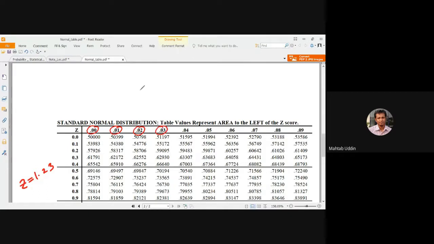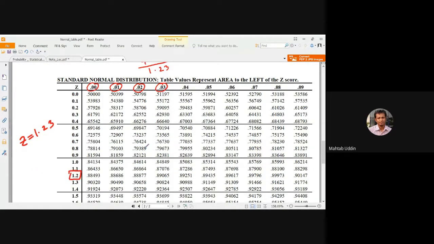So 1.2 plus 0.03 is 1.23. That is how we can go. Look at this, 1.2 and 0.03. Their intersection is this, right?